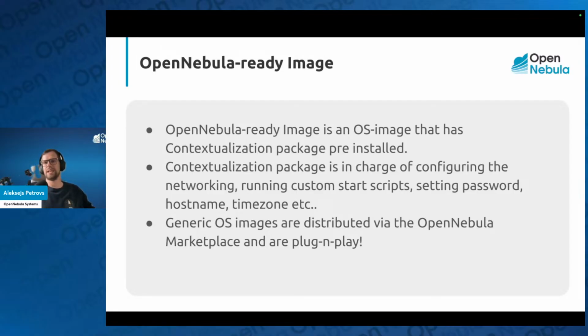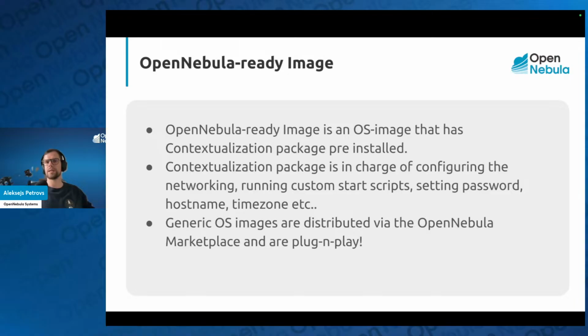There is a layer called the contextualization package. The contextualization package allows you to change the configuration of your virtual machine once it's deployed. For example, you can set a password, change the host name, change the time zone, run a script, and so on and so forth.